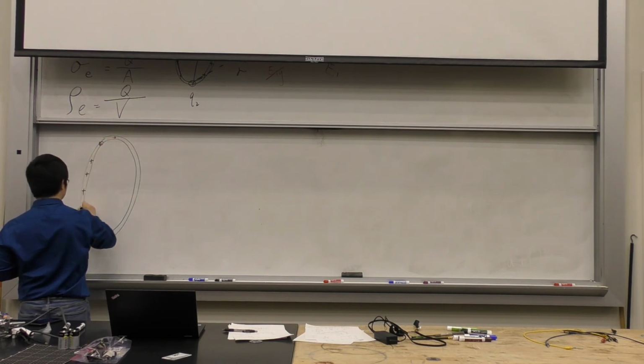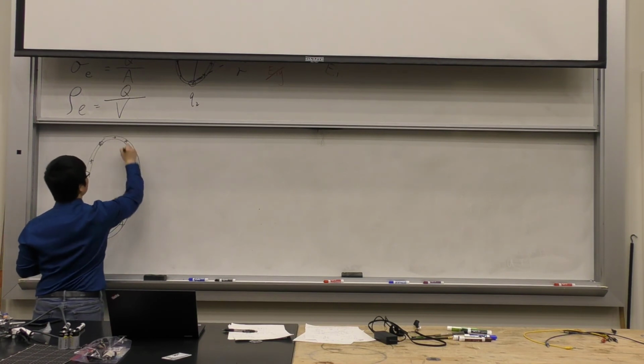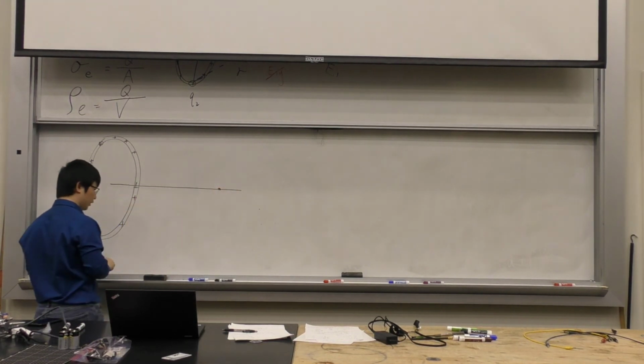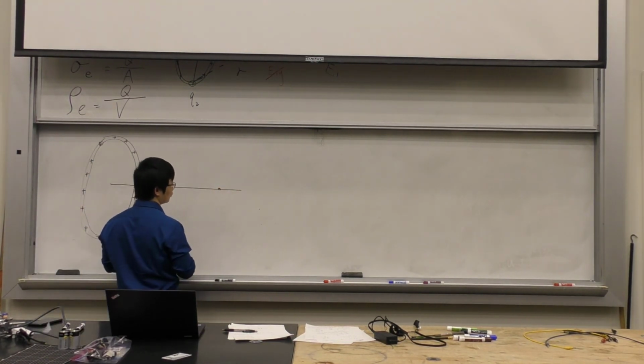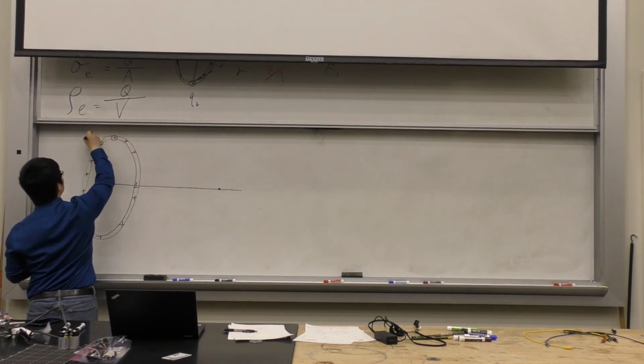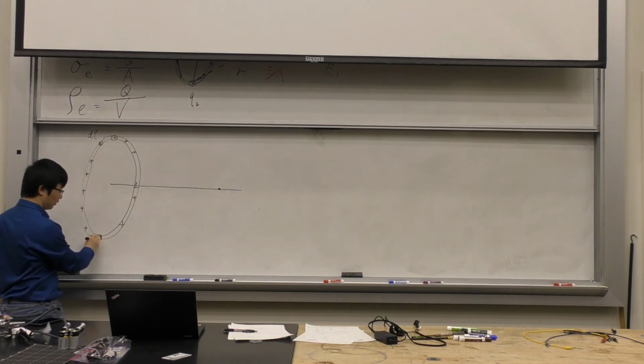If I want to find the electric field at this point, I know that the electric field is only in that direction. All I need to do is pick a dq, because the Y component of this one is going to be canceled by this one, right?